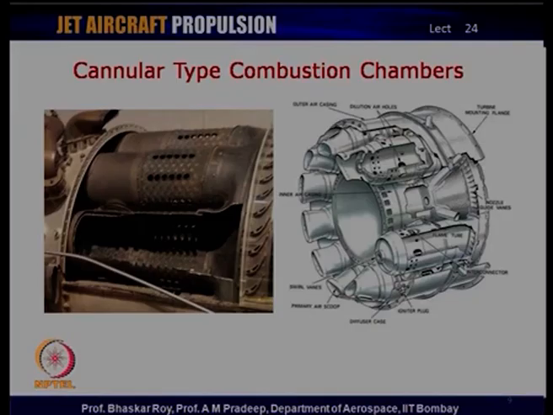So, we have a common bypass for all the cans, and the inner cans are individual cans. And one of the reasons many of the modern engines use this particular mechanism of having inner cans to perform the combustion process is because the primary zone in which the combustion is carried out gives a protected combustion space to the combustion mechanism.